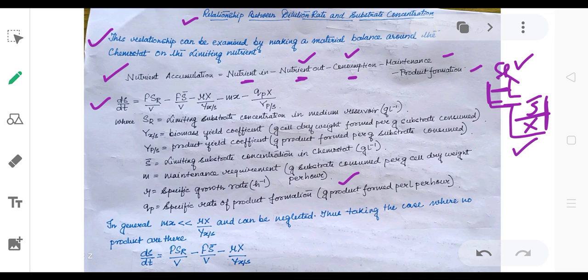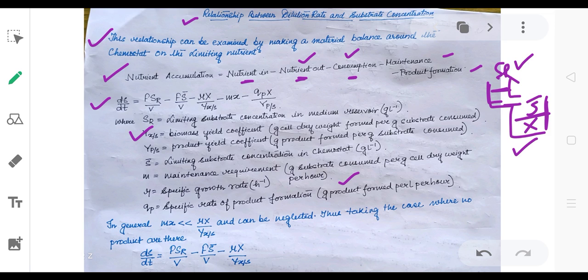Y(X/S) is the biomass yield coefficient. When they consume, they will increase in number, so biomass comes into play. The biomass yield coefficient is the gram cell dry weight formed per gram substrate consumed, that is, the amount of dry weight formed per gram of substrate consumed from the vessel.